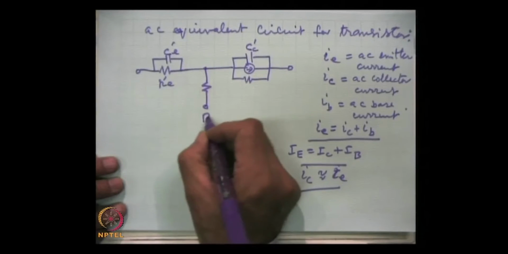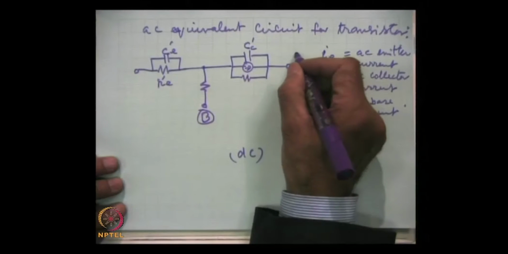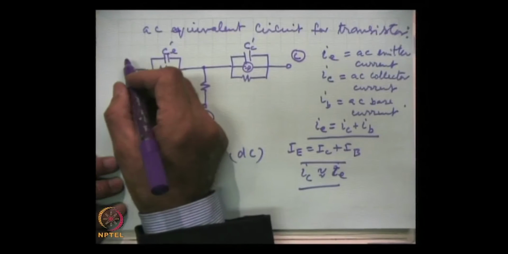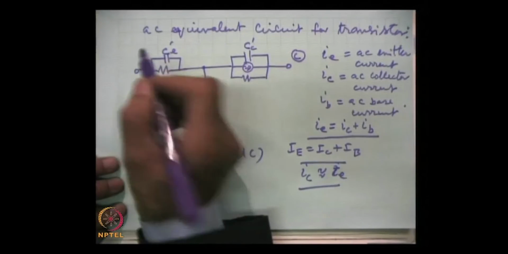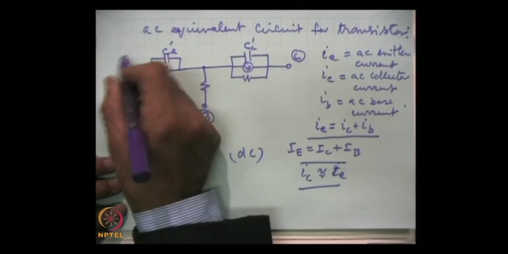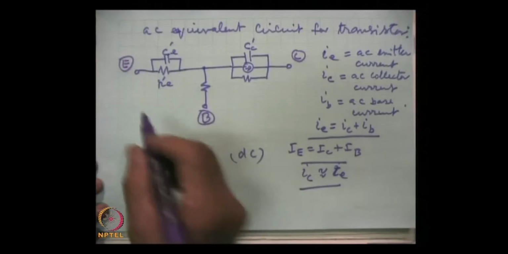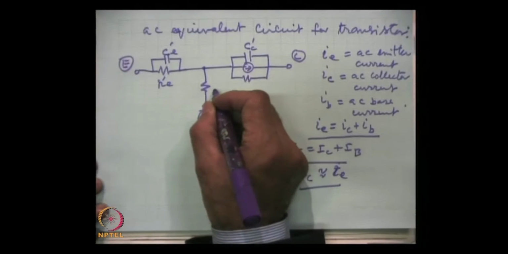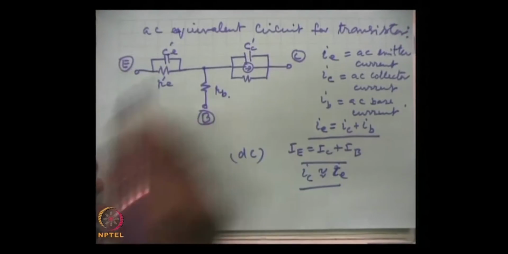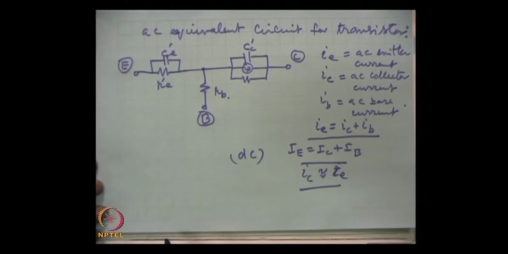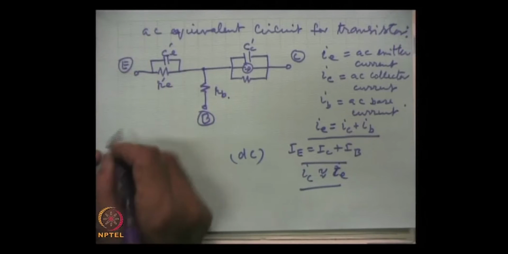Here, this is base, this is collector, and this is emitter. Now, here this is R B. What are these components? Let me first try to explain that.